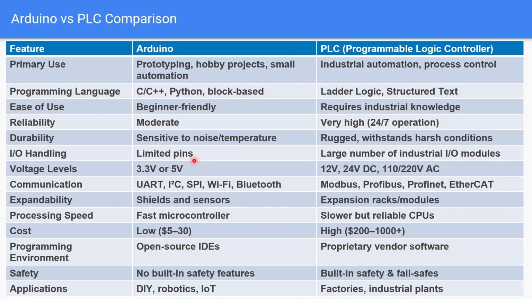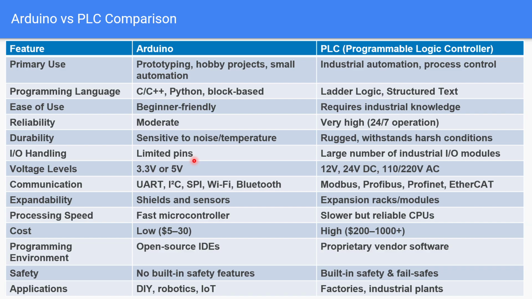Reliability: Arduino is moderately reliable, but it is not meant for rugged, harsh environments in industries. But a PLC has to be very highly reliable and should be able to withstand any harsh environment in the industry and be operational 24 hours, 7 days a week. Sometimes the noise immunity is not that good for Arduino, but in PLC it is highly noise immune.